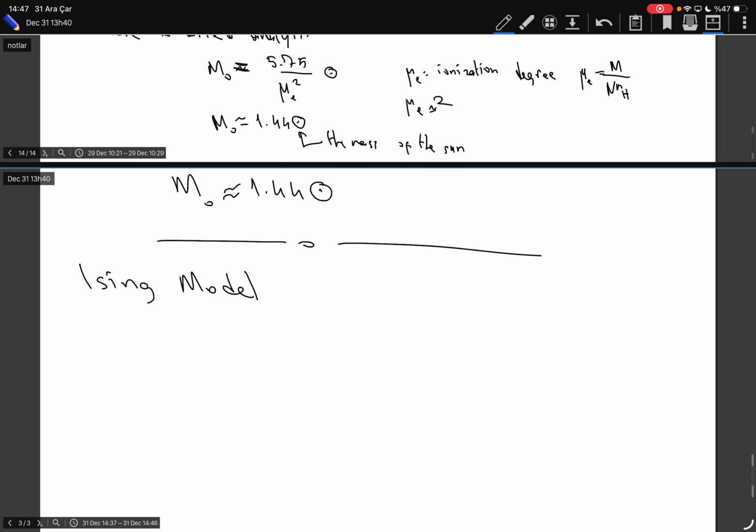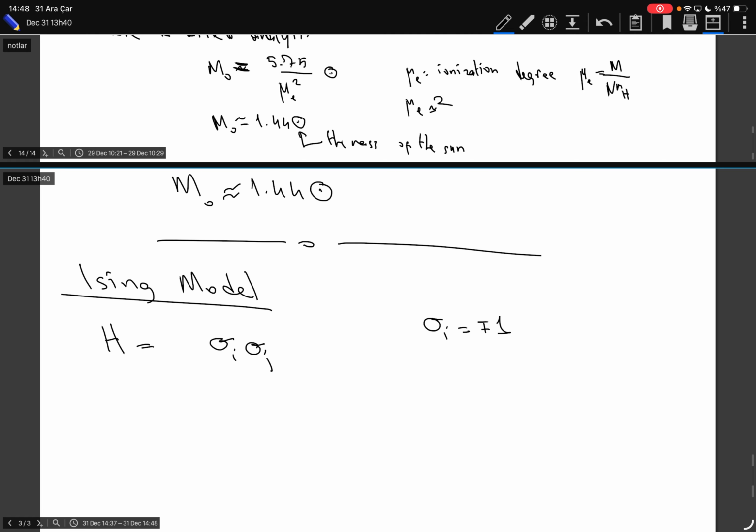Now, the Ising model was initially constructed basically to explain ferromagnetism. What you have is a Hamiltonian. You have the spins, which interact with each other, say sigma i and sigma j. Sigma i can be plus or minus 1, in the simplest case. Imagine various sites, and at each site you have some spin.